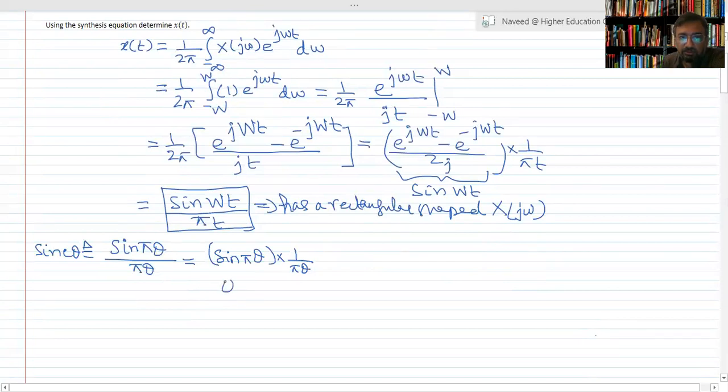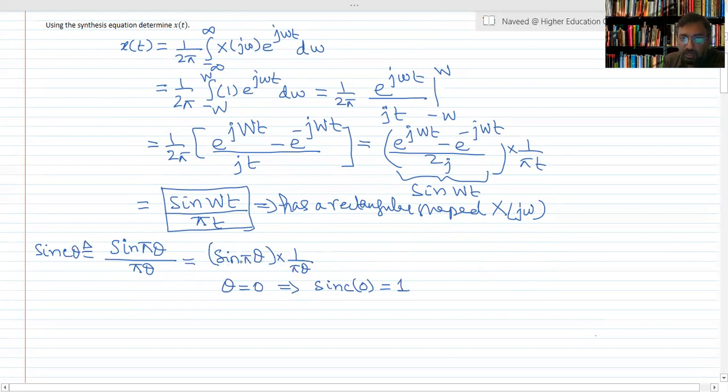At theta equal to 0, we get 0 in the numerator as well as in the denominator. So to find the value of sinc theta at theta equal to 0, we have to apply L'Hopital rule. If we do that, we will see that sinc theta is 1 at theta equal to 0. Then other interesting points: in the numerator, we have a sine function, and sine function is 0 at every integer multiple of pi.